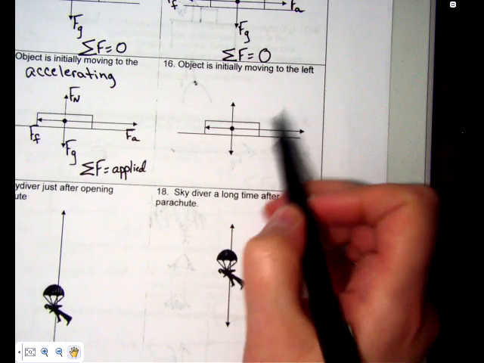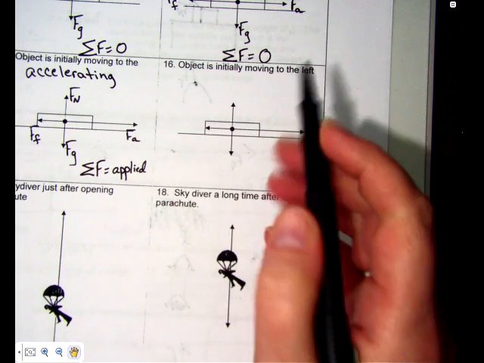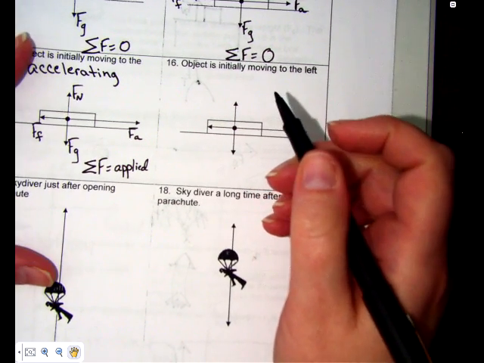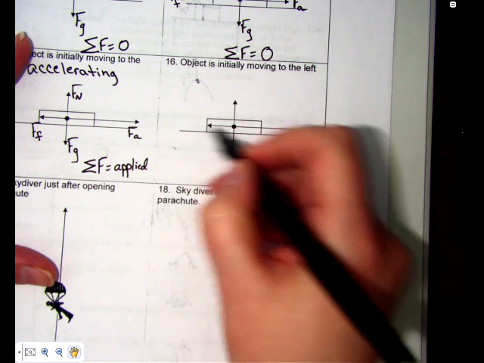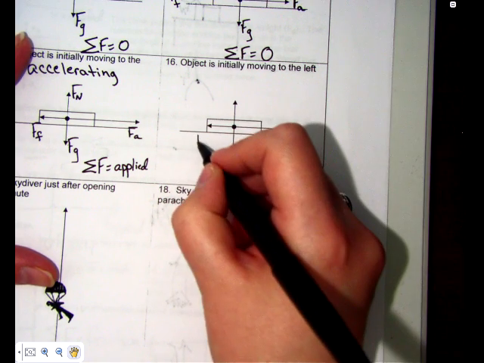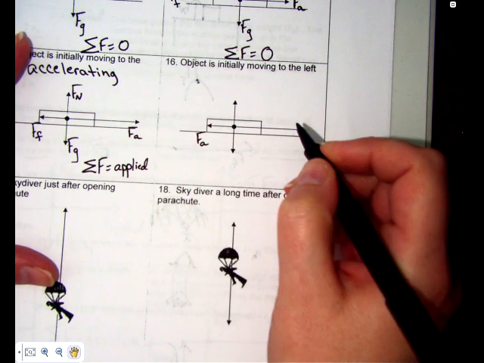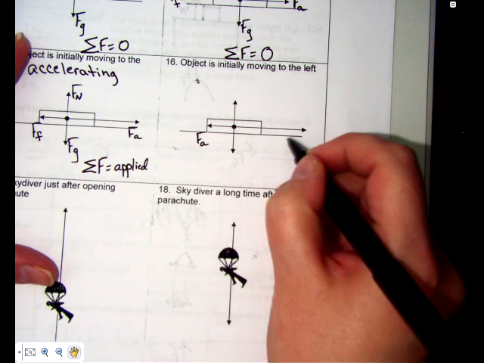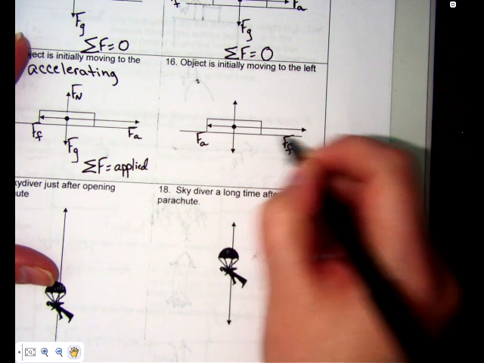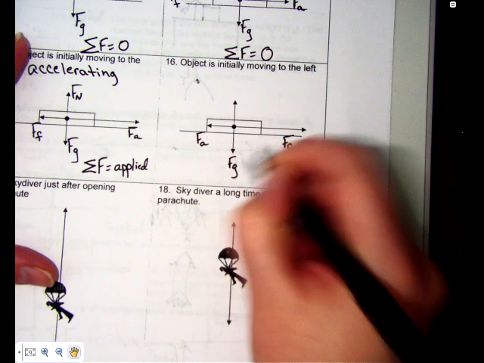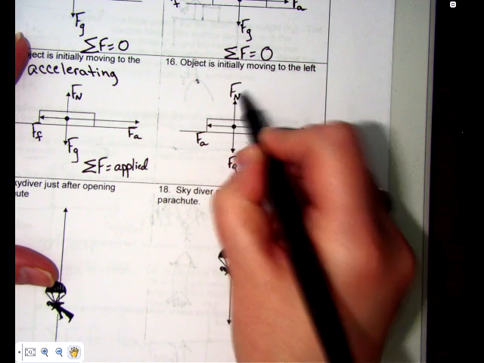Object is initially moving to the left. Okay, so because it's moving to the left, that means that's the direction of our applied force this time. Opposite of applied is friction, then force of gravity, normal force.